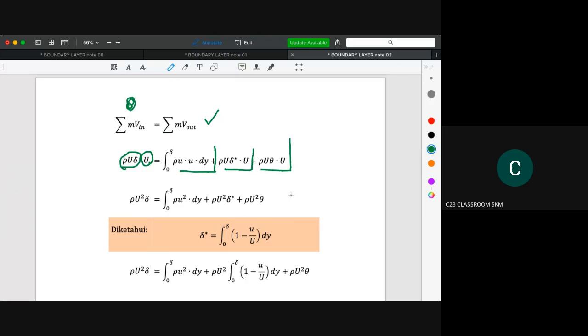Now we have two unknown parameters: one is delta star and one is theta. To simplify this equation, we replace the value of delta star with this equation, because it was already proved in the previous calculation. We substitute the value of delta star with this equation, then you will get this term.